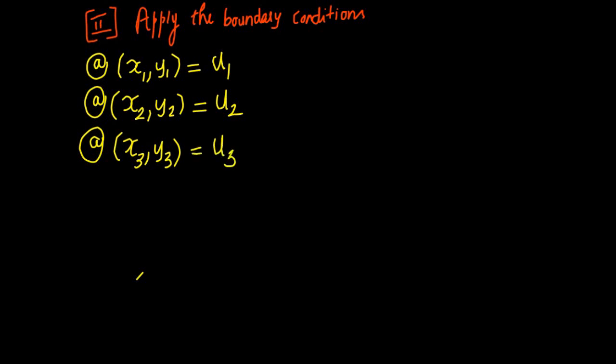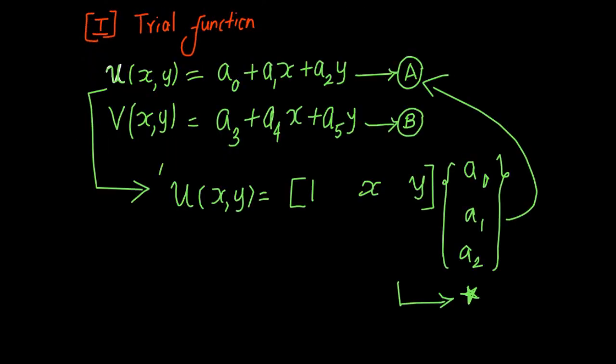If you apply these boundary conditions on this star equation, the trial solution, that is equation A, then instead of x, y you put x1, y1, and u becomes u1. Applying the second boundary condition, x, y becomes x2, y2 and u becomes u2. Applying the third, x, y becomes x3, y3 and u becomes u3.